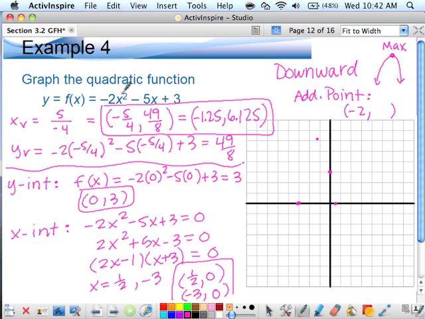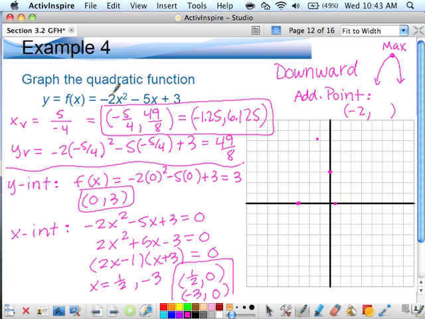We have negative 2 squared is 4. 4 times negative 2 is negative 8. Negative 5 times negative 2 is 10. Negative 8 plus 10 is 2. And 2 plus 3 is, I got 5. Did you guys get 5? Yes. Did anyone else get 5, or are you just agreeing with me because you've had enough with this problem? We got 5. Okay, good.